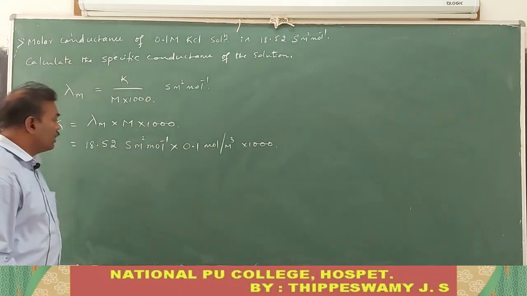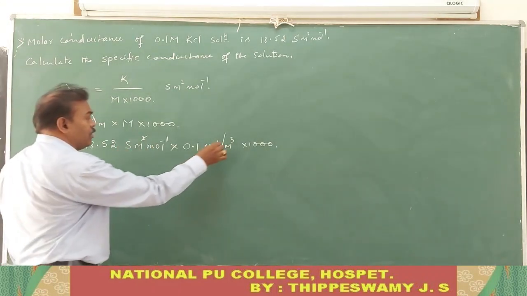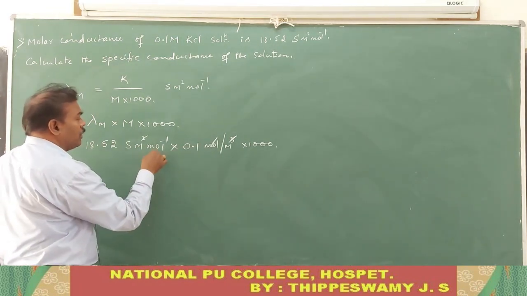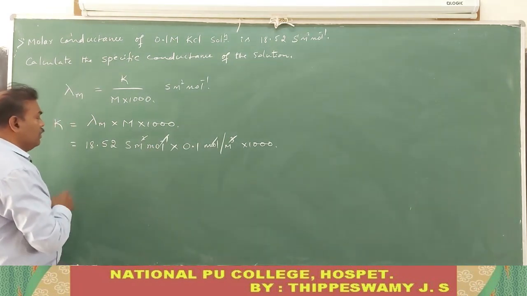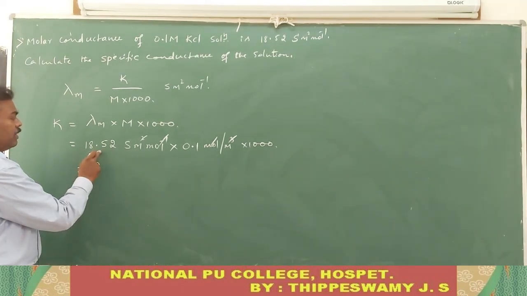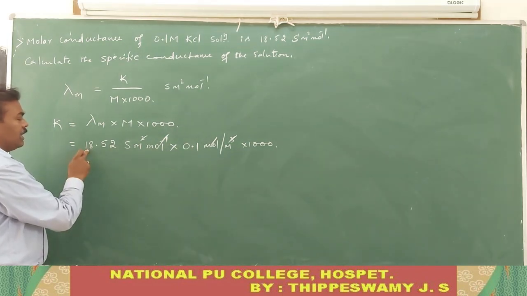Now first of all we will go through the units. Meter square and meter square will get cancelled, mole and per mole will get cancelled. Now what is the value? This is equal to 18.52 into 0.1, which becomes 1.852.